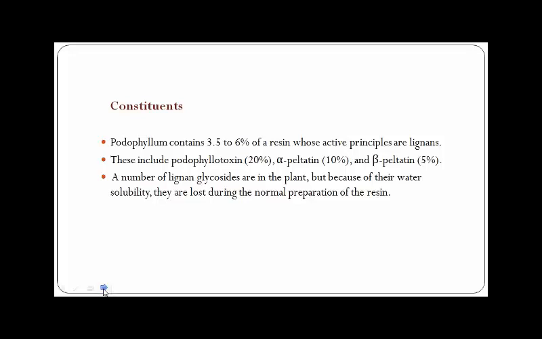Alpha peltatin is about 10% and beta peltatin is less, which is about 5%. A number of lignan glycosides are present, as I told you, as it is a glycoresin containing drug. So the lignan glycosides, because of their water solubility, are lost during the preparation of the resin.